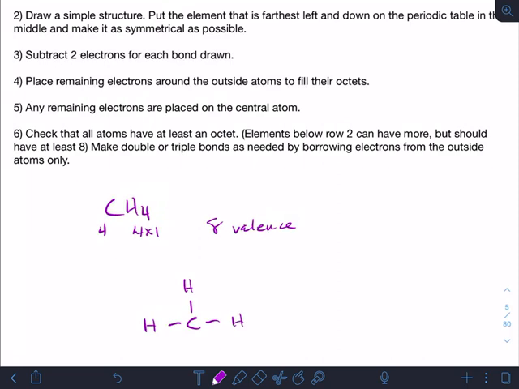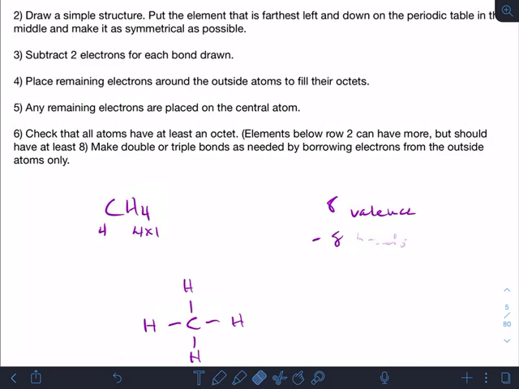Step 2 says to draw a simple structure. So I'm going to draw a simple structure. Step 3 says to subtract 2 electrons for every bond that I've drawn. I started with 8 valence electrons, and I've drawn 4 bonds in my molecule.